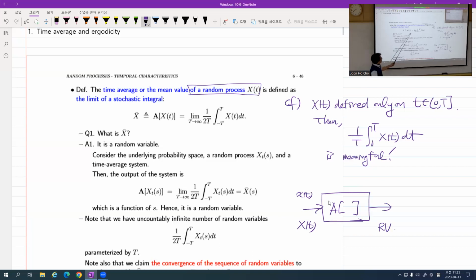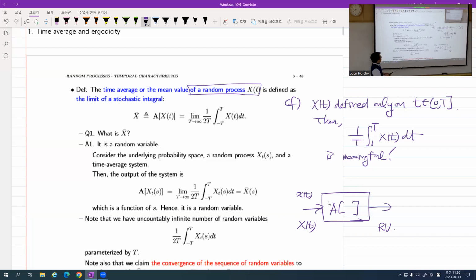Now let's take a look at the expression. So x of t is a random process, and it's integrated. What does that mean at all? You may say just integrate sample paths and consider some randomness.